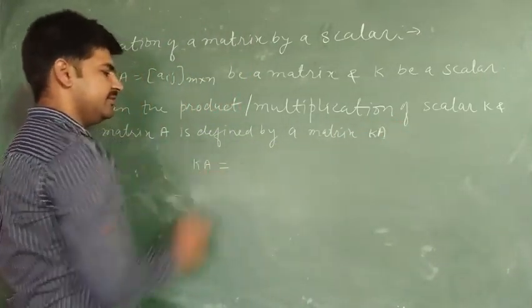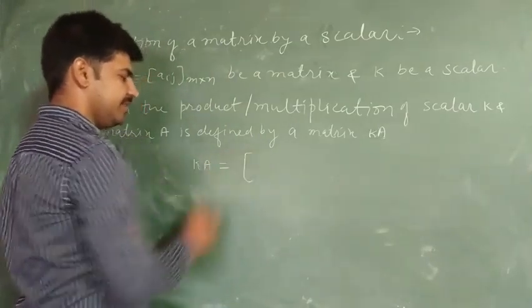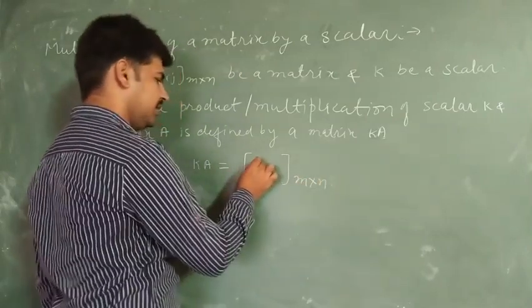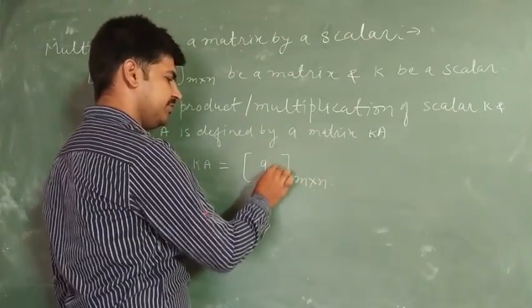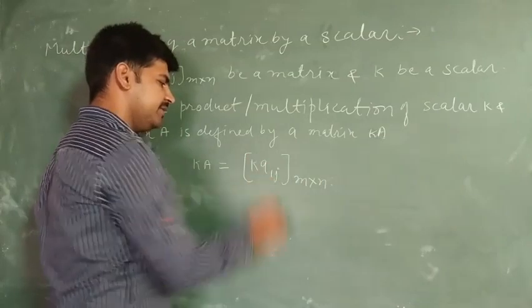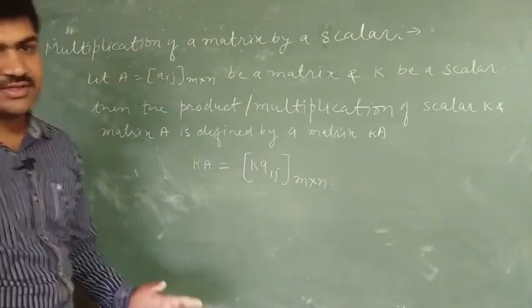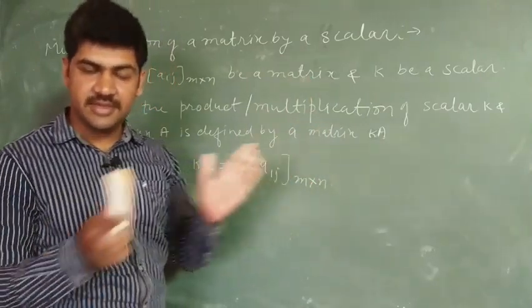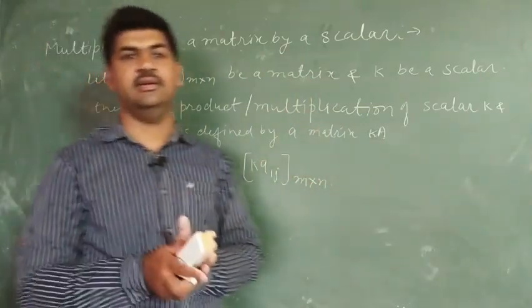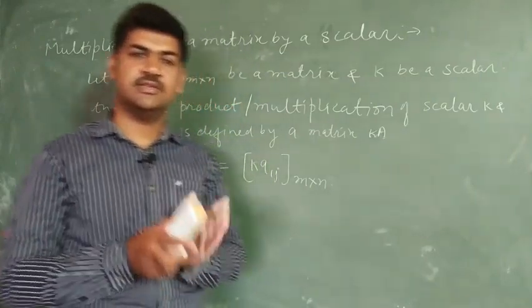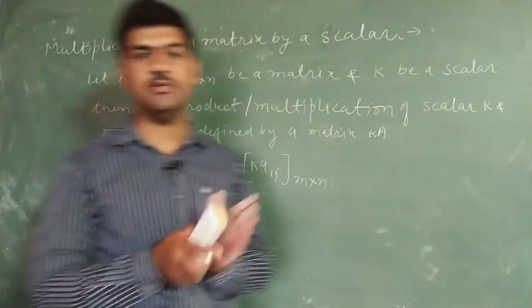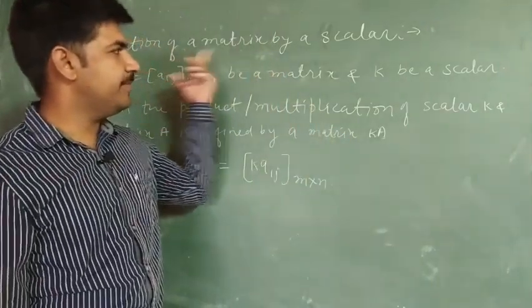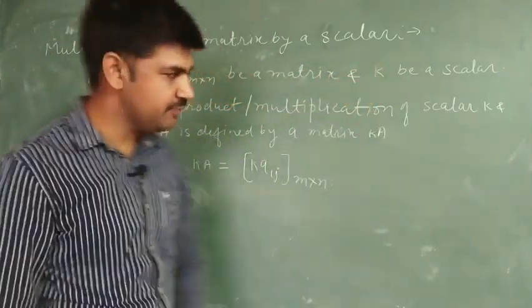So kA is a matrix, students, of order m by n, and here I can write each element of matrix A will be multiplied by the scalar k. So if A is a matrix and k is a scalar, then the product of k and A will be a matrix such that each of the elements of matrix A is multiplied by the scalar k. I hope you have understood.